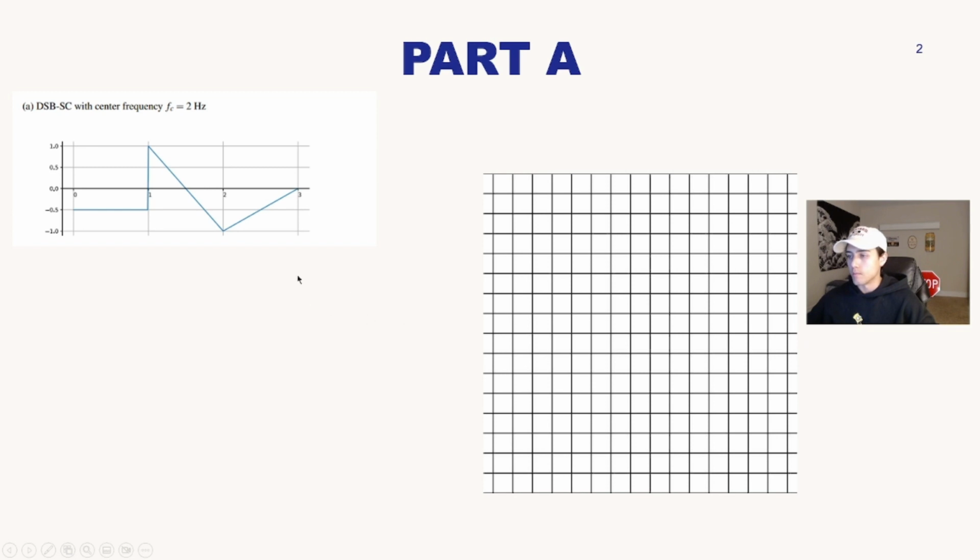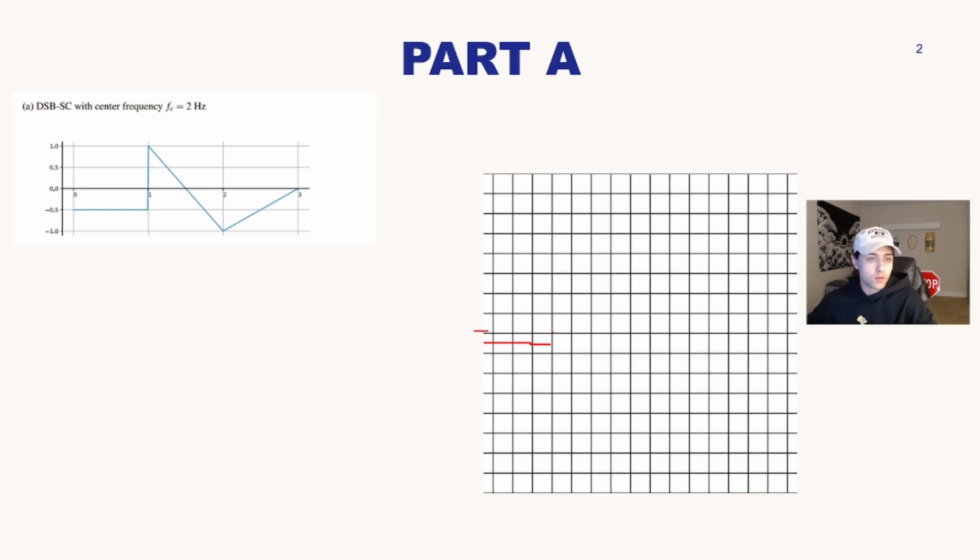So here I'll demonstrate. If I grab a pen, let's make this our x-axis right here. The message signal starts at negative 0.5, so let's put a line here at negative 0.5, and we'll make this one, and then it goes up to 3.